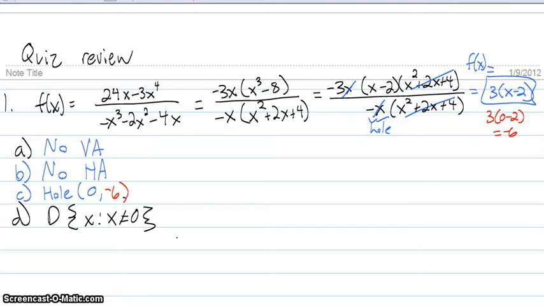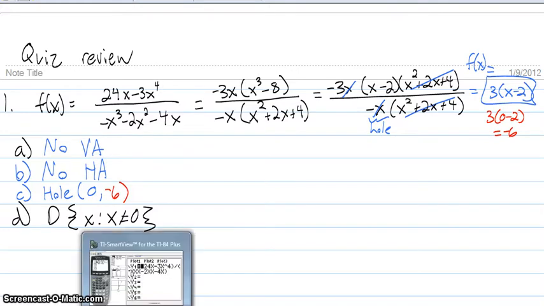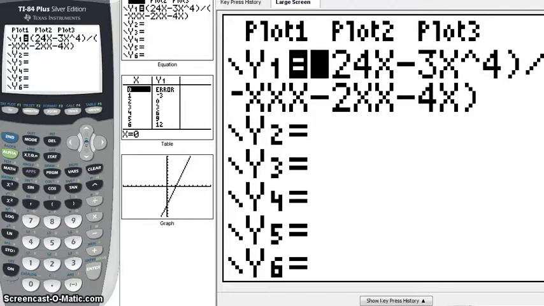Okay, so we have no vertical, no horizontal, a hole at 0, negative 6, and domain restriction just at 0. So let's look at the graph of this. I already put it into the calculator, so this is what it should look like when you enter it. There's actually some parentheses off screen, but you can look at it on here.